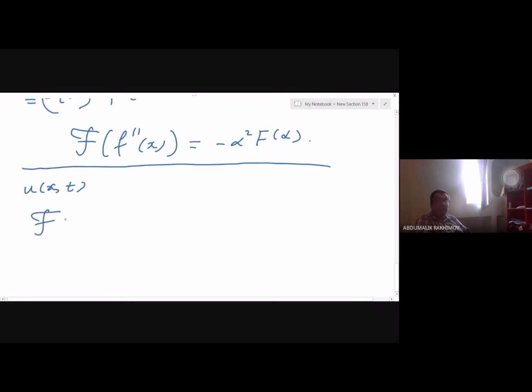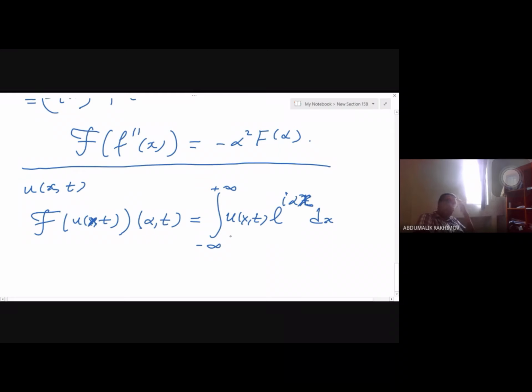So the Fourier transformation of u(x,t), if I am applying it with respect to x, the result will be a function of alpha and t, right? t, no changes. Then by definition it is equal to the integral from minus infinity to plus infinity of u(x,t) e^(iαx) dx.